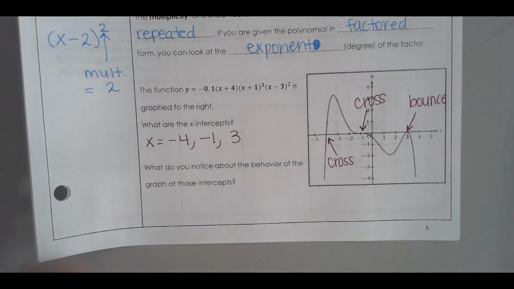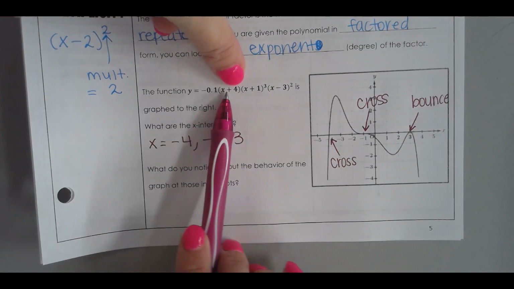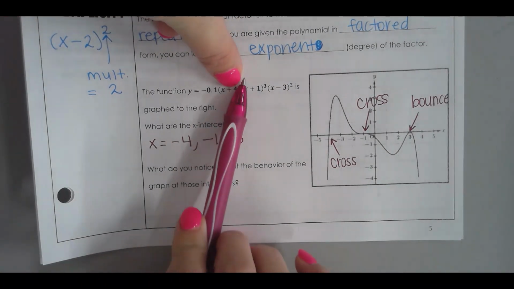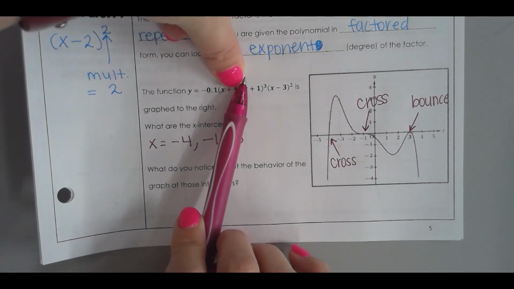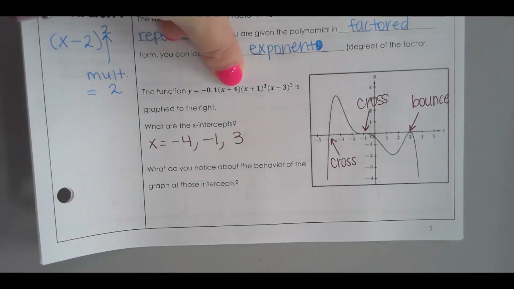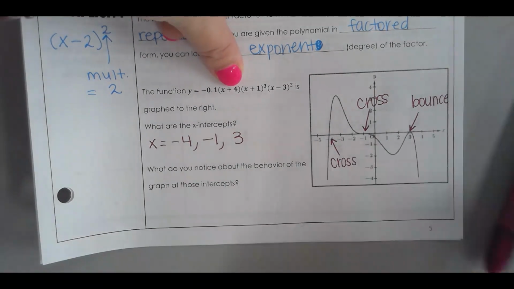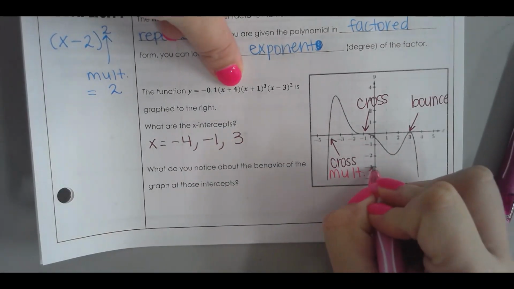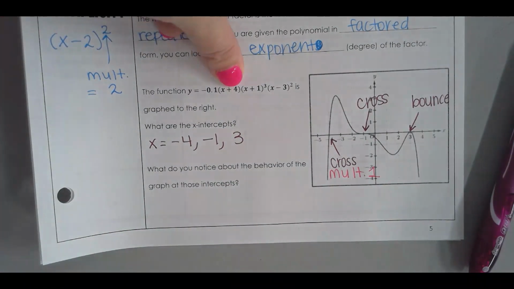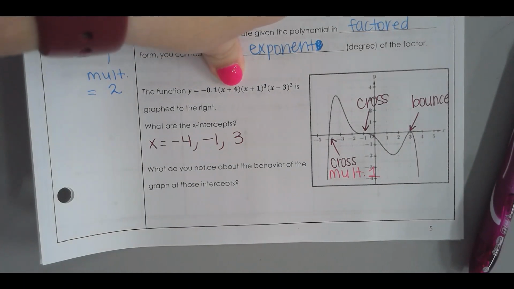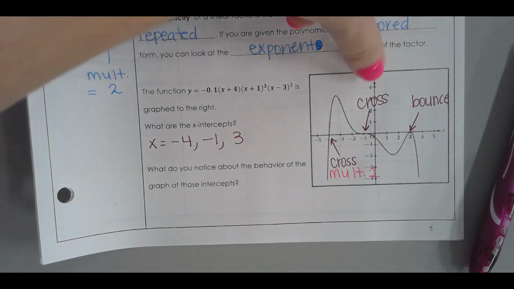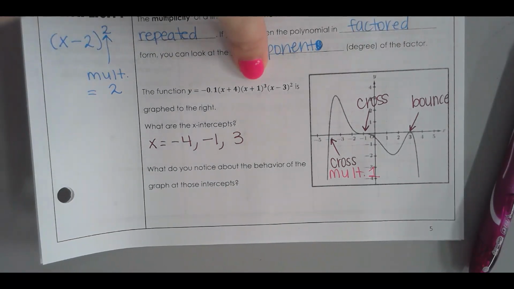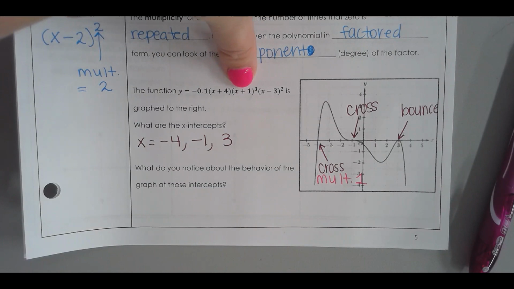So notice at the x-intercept of -4, the multiplicity there is 1. If you don't see an exponent, you would assume that the exponent is 1. So it had a multiplicity of 1. And when it's a multiplicity of 1, it crosses right through. It's real easy to see that. The x-intercept at -1, what's the multiplicity there? 3.